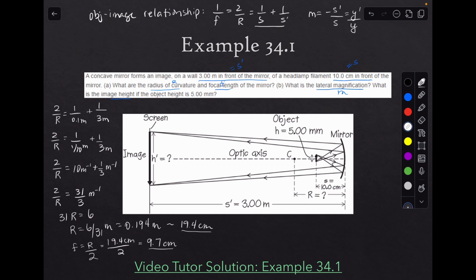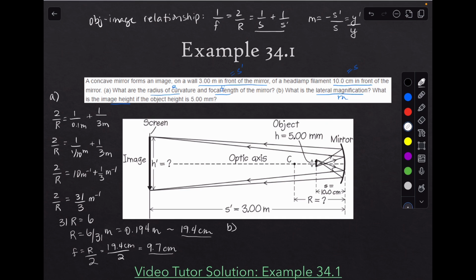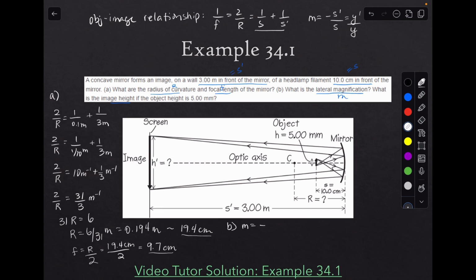So the next objective, part B, so that was all part A. Part B, let's find the lateral magnification. Since we know both the object and image distance, we should use that. So we have a negative sign, negative image distance over object distance.